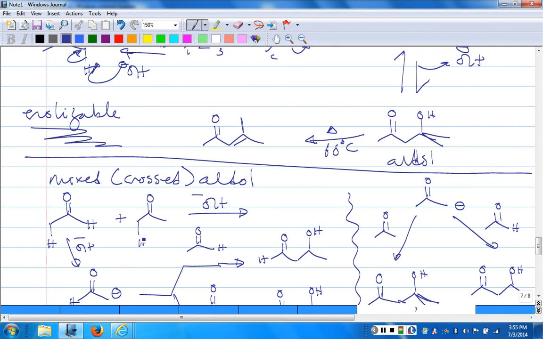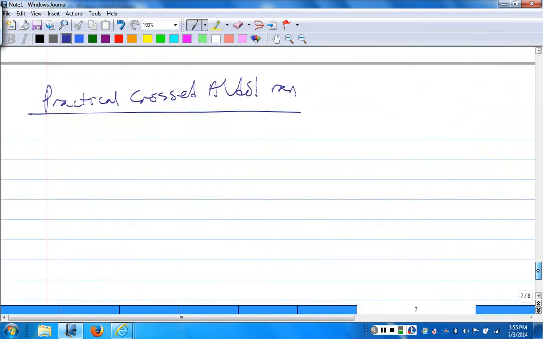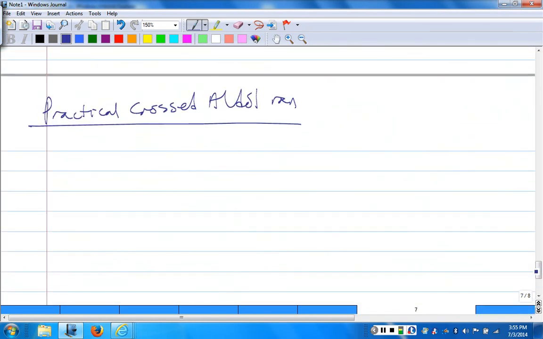And therein lies a problem. So I could actually do a crossed aldol reaction that's practical if I only have one of the two carbonyl compounds that's enolizable. Well, are there carbonyl compounds that are non-enolizable? The answer is there are a bunch of them. For example, methanol does not have an alpha H. It has a carbonyl H, but not an alpha H.